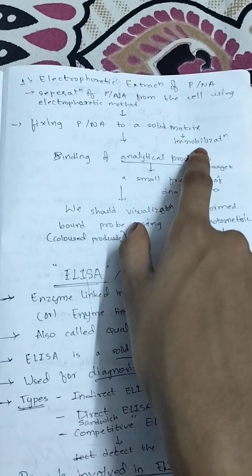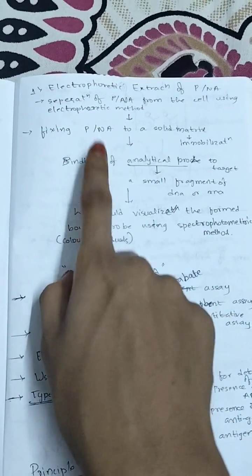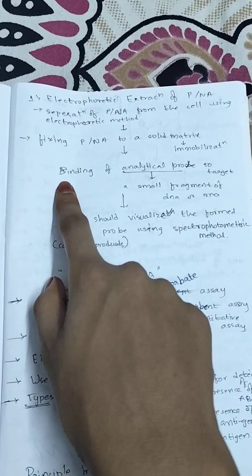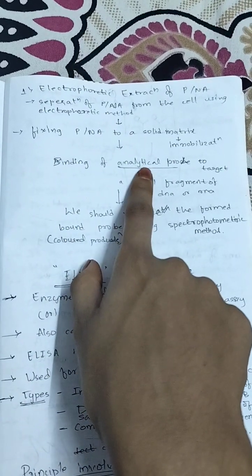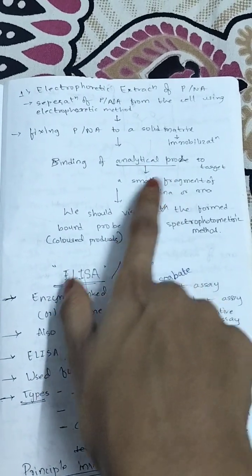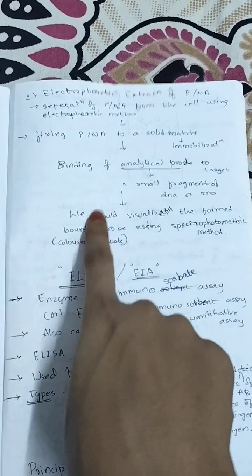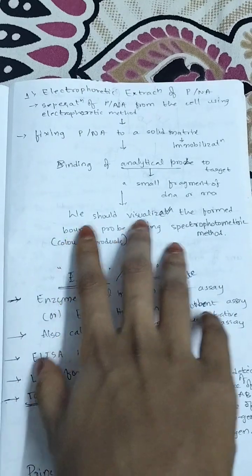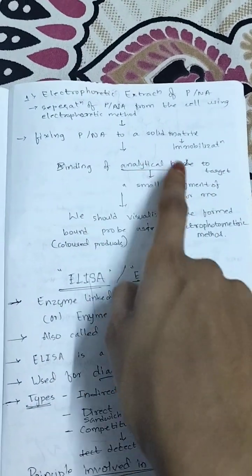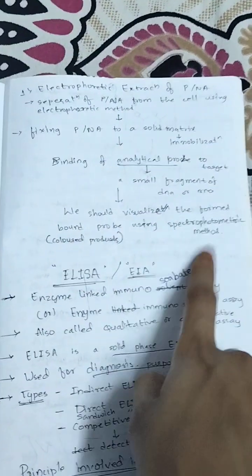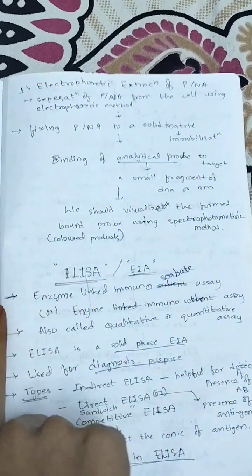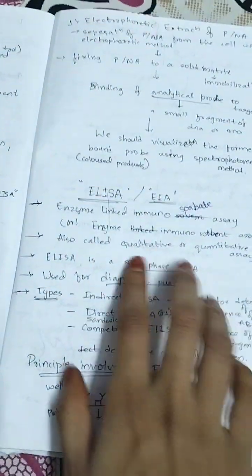This is immobilization. Then the analytical probe is bound to the target. An analytical probe is a small fragment of DNA or RNA. We visualize the bound probe using a spectrophotometric method. The bound probe is a colored product, so we can identify or detect it.